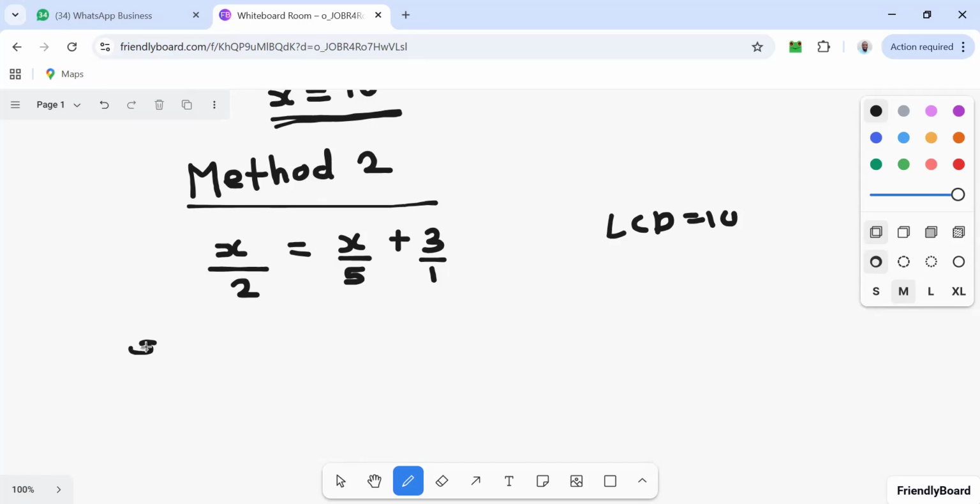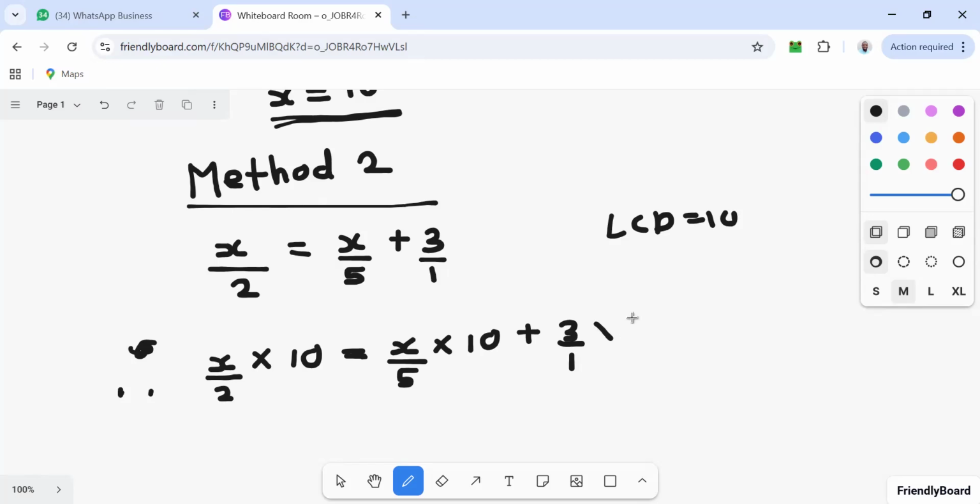Therefore, x over 2 times the LCD 10 is equal to x over 5 times the LCD 10 plus 3 over 1 times the LCD 10.